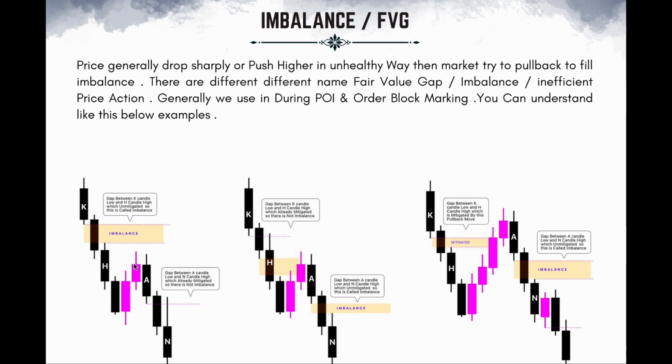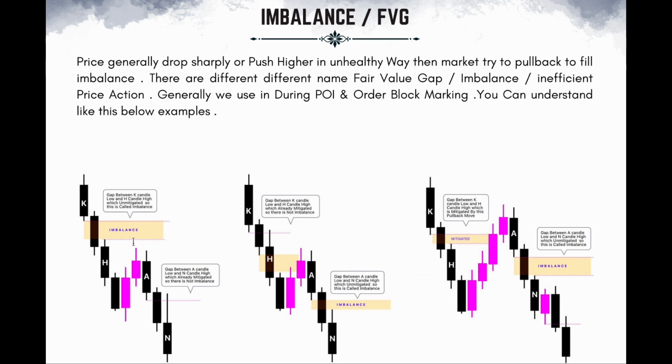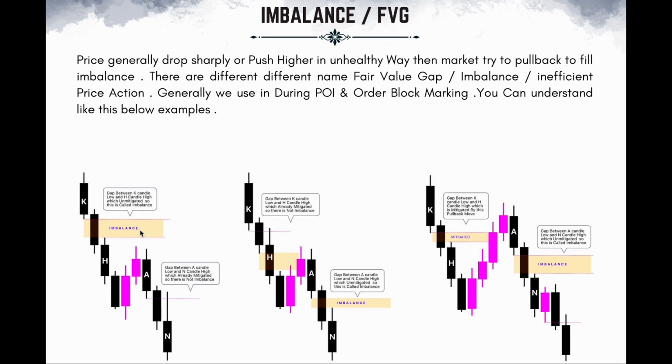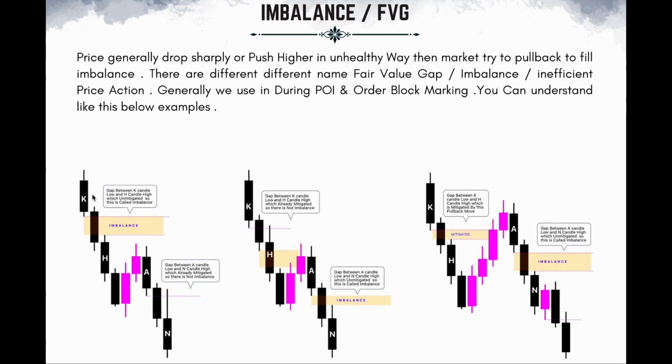So what is the concept? Imbalance is formed or created by three consecutive candles, and between the first and the third candles there is a gap in between. Look at the first example right here. Between the K and H candles, there is a gap.